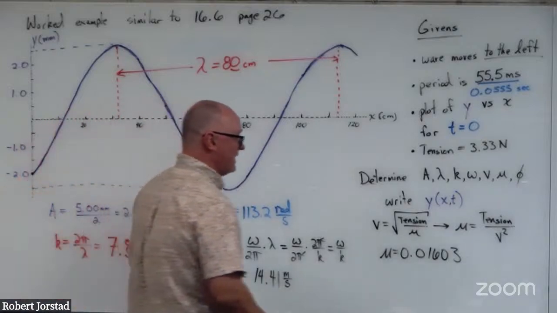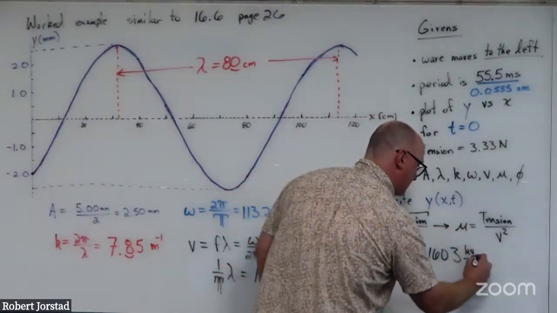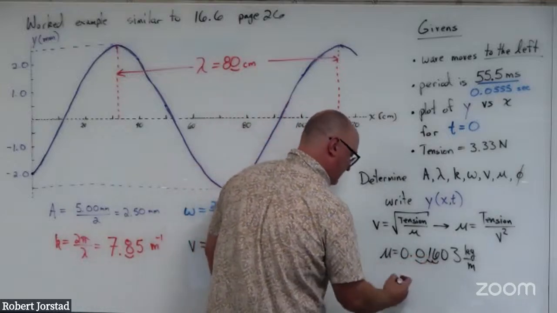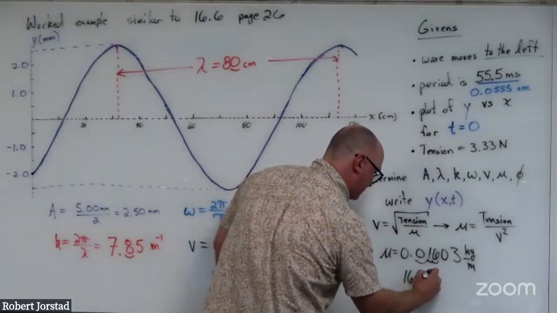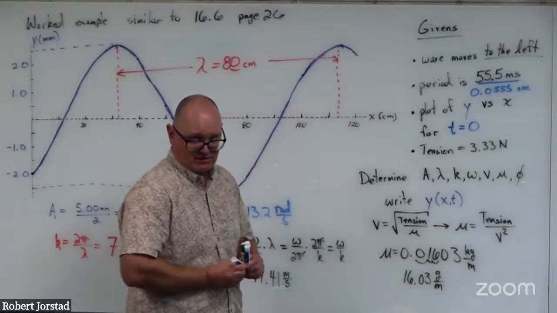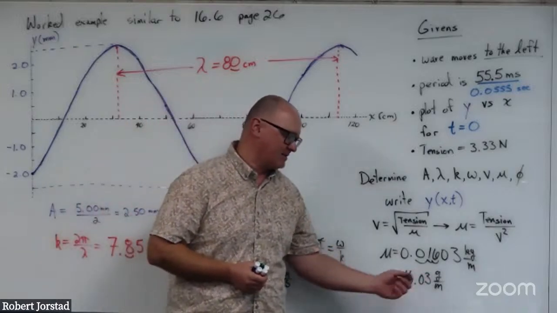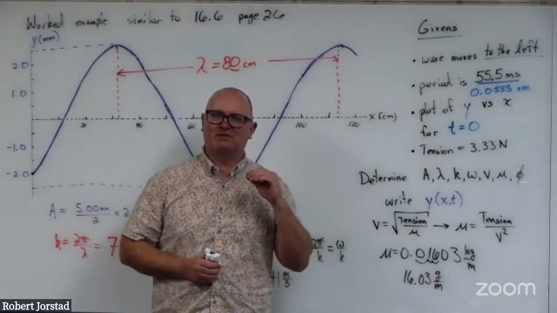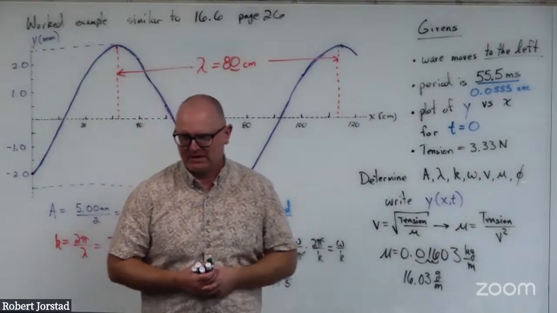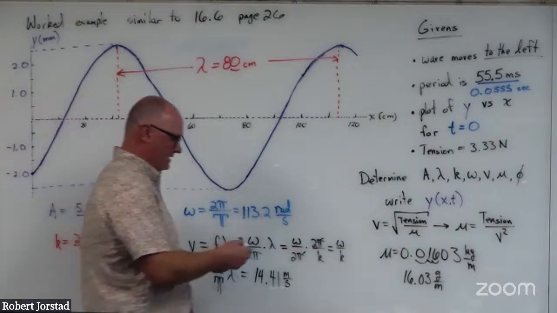And because we use newtons, that's in units of kilograms per meter, which if we wanted to shift this to grams, 1, 2, 3, that's 16.03 grams per meter. So if you're using thread or string, maybe even some cables, it might make sense to use grams per meter. Whereas if you get to thicker cables or chains, maybe we would actually use kilograms per meter for units. So now that's all of this stuff except for the phase angle.